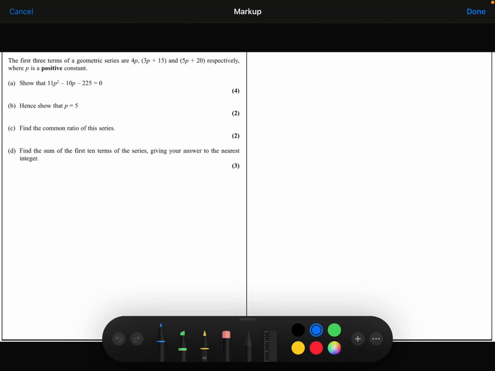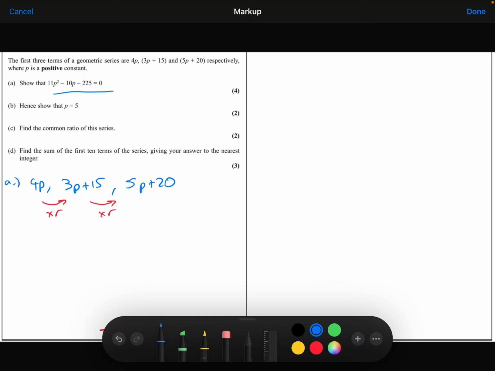The first three terms of a geometric series are 4p, 3p plus 15, 5p plus 20, where p is a positive constant. I need to show that this is true. So remember, a geometric series is where we have a common ratio, where we are multiplying by the same number each time.